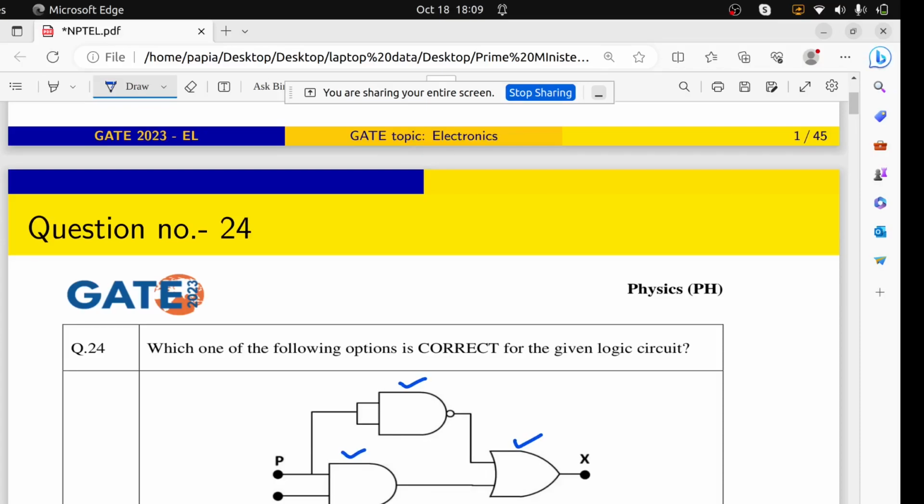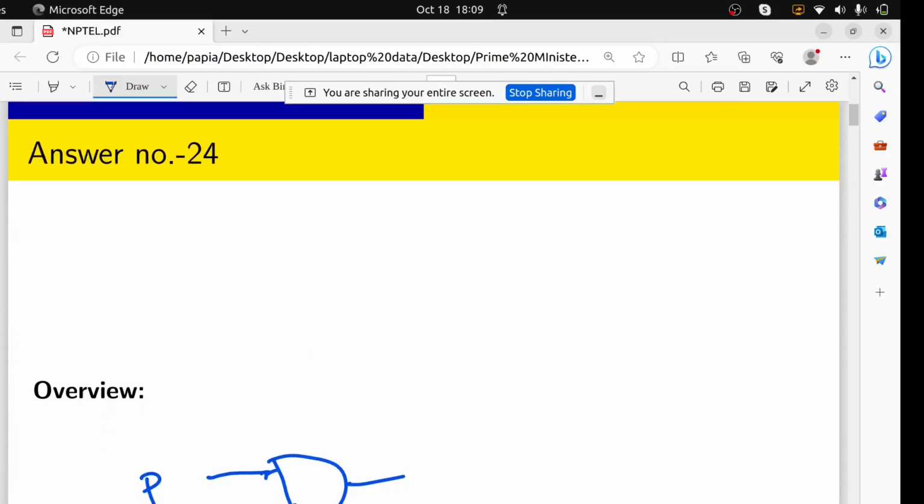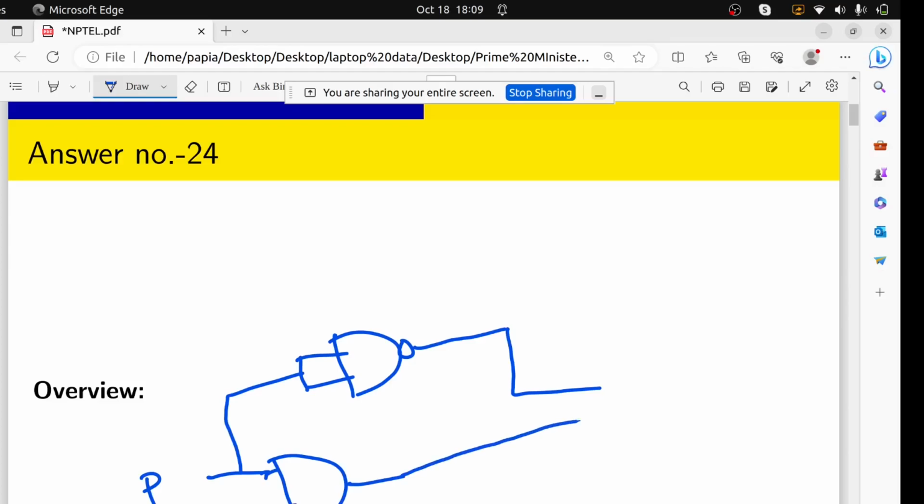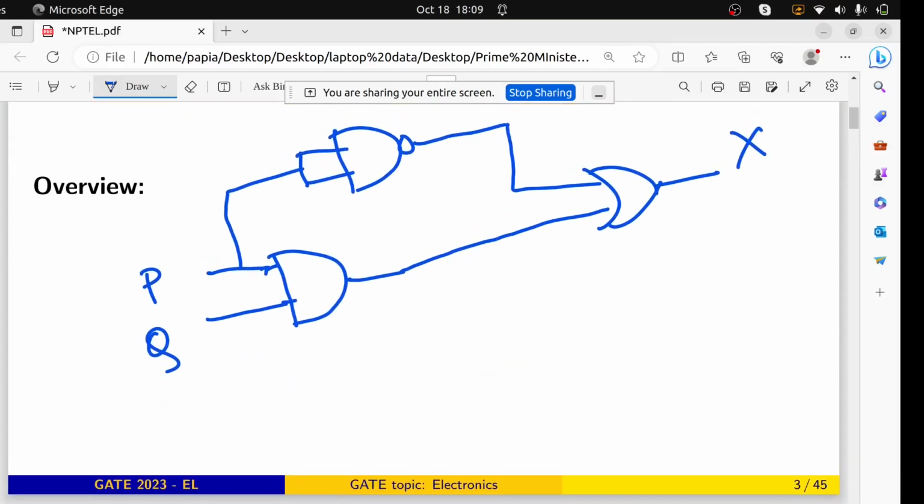So what will we write? Just let me first draw that one. It is like this. Then it is like that. Then this. This is P, Q and X. I have drawn it a little bit tilted, but yeah, fine.